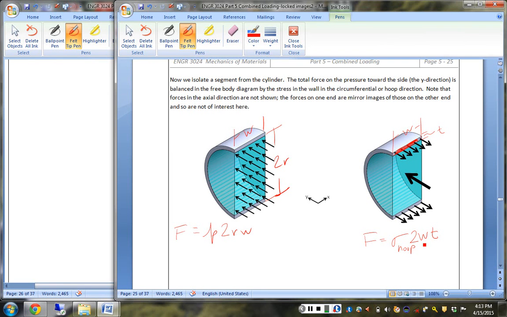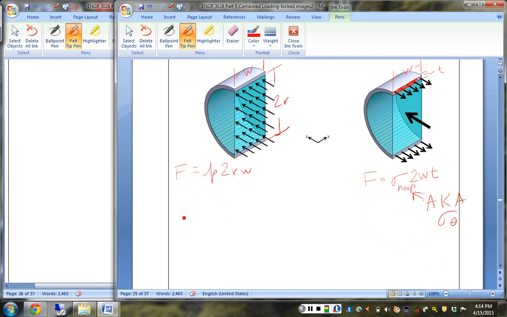All right, depending on where you see this, you may also see this guy referred to as sigma sub theta, because it's in the around that radial direction, or circumferential. All right, so we can do the same thing.